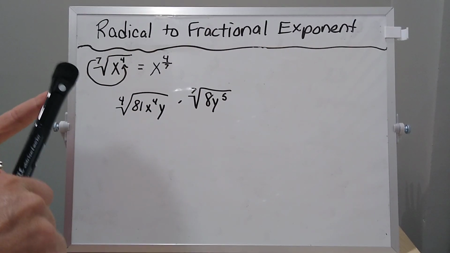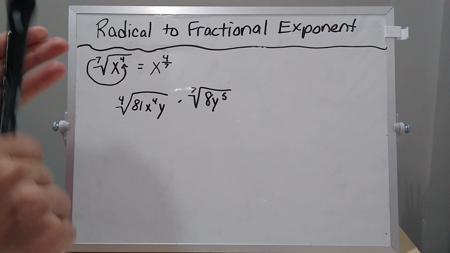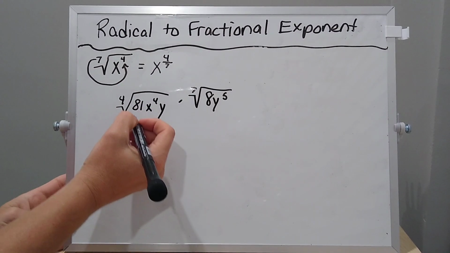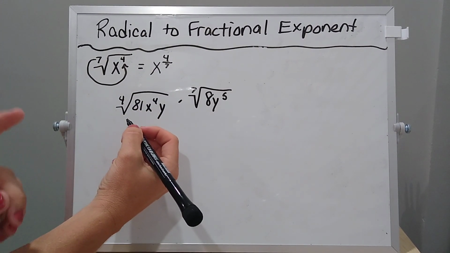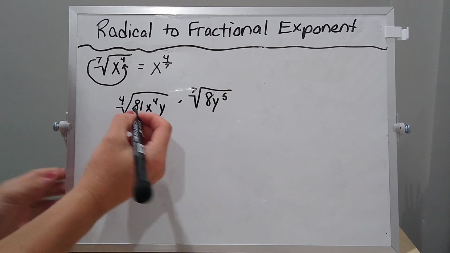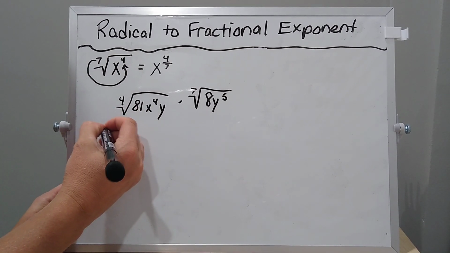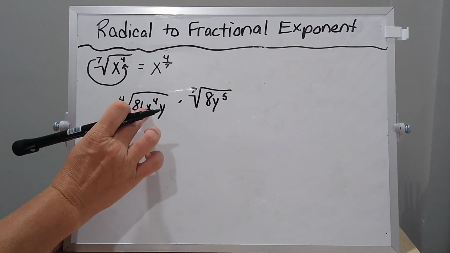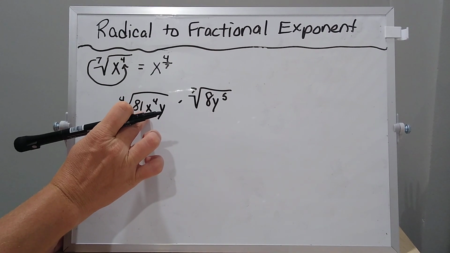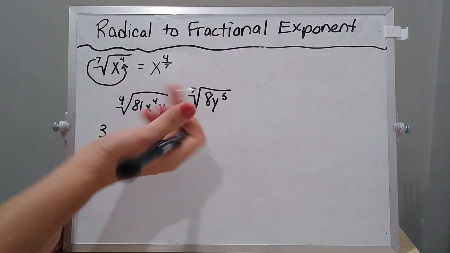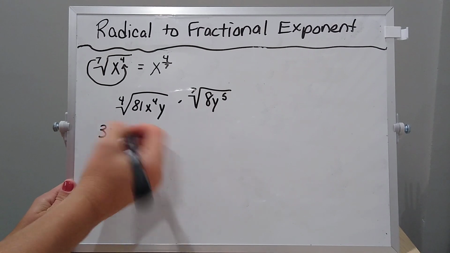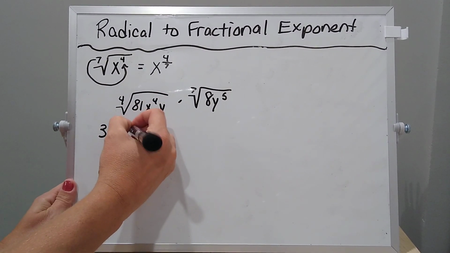So for 81, you got 3, 9, 27, 81. So for 81, 3 is being multiplied to itself 4 times. So I can actually take a 3 out of this radicand. You see we've got 4 x's, and I need 4. So I can pull an x out of here, and all I'm left with is y.